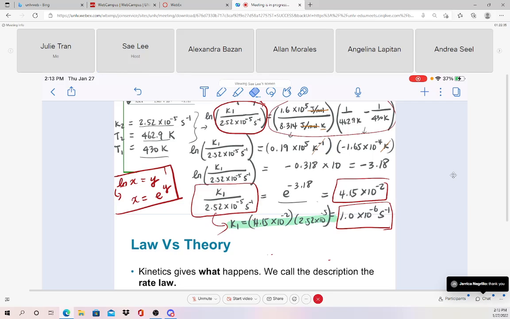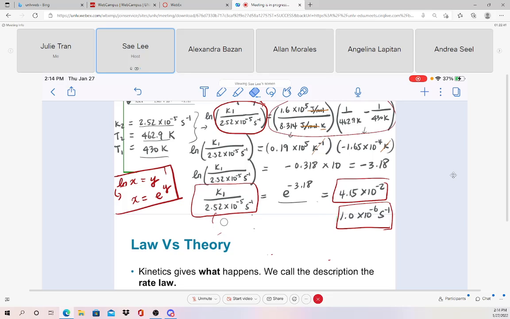Let me write that more neatly. K1 equals 1.15 times 10 to the negative.